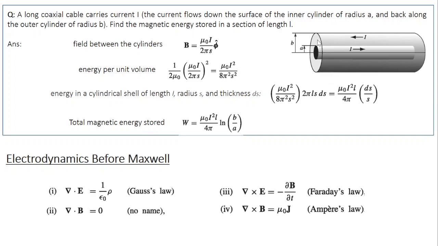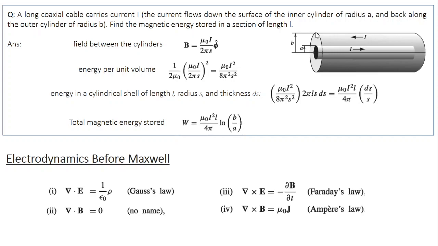Now the volume of this cylindrical shell is the circumference 2 pi s multiplied by thickness ds multiplied by length. So the energy stored in the small layer of cylindrical shell is mu naught I square L divided by 4 pi into ds by s. Now what is the total energy stored in this cylindrical shell?